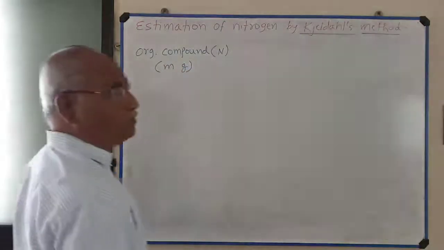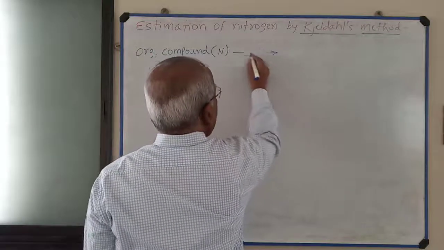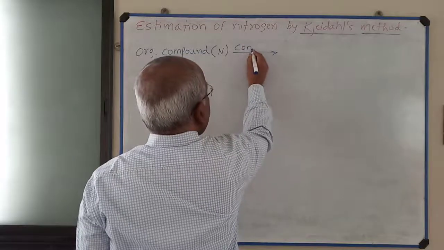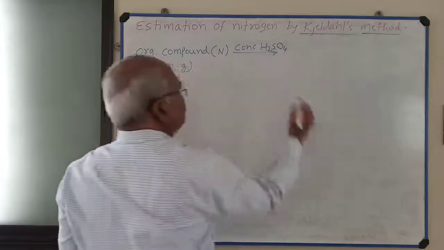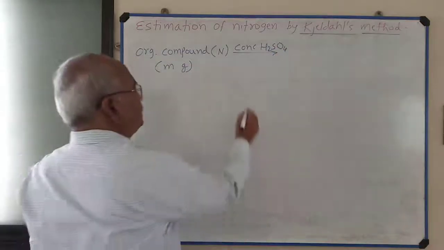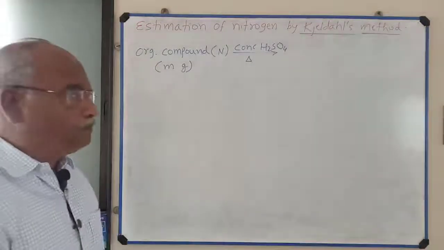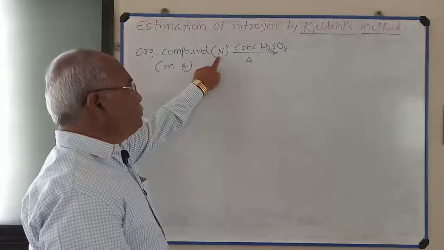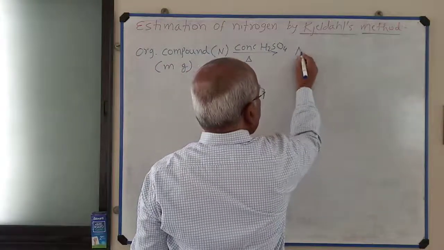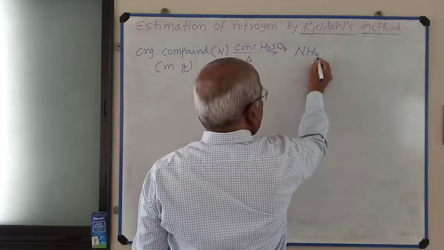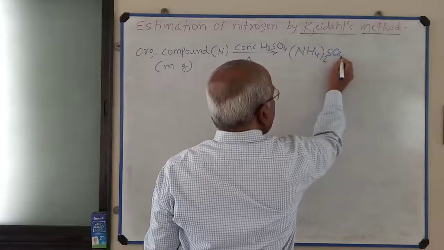M gram compound is treated with, or heated with, concentrated H2SO4. Heating is represented by delta sign. The nitrogen present in the compound is converted into ammonium sulfate.